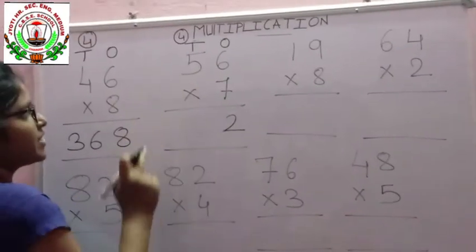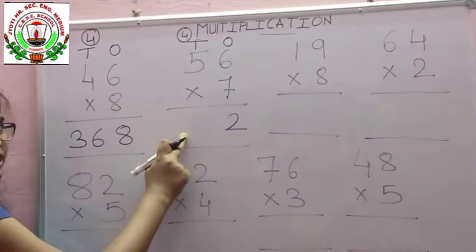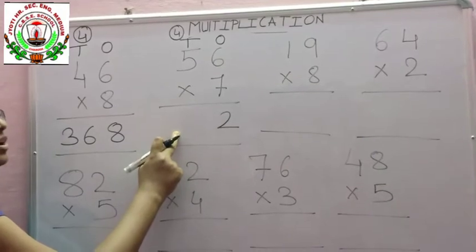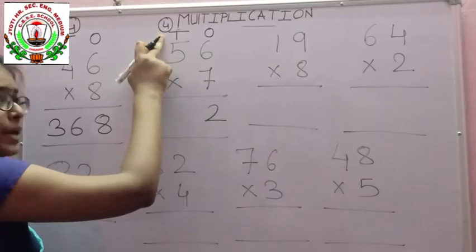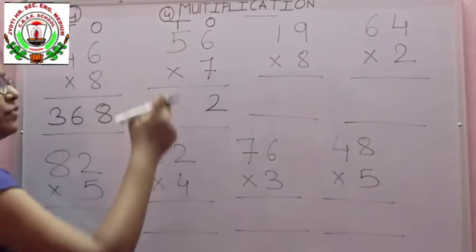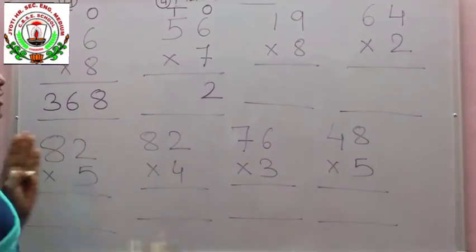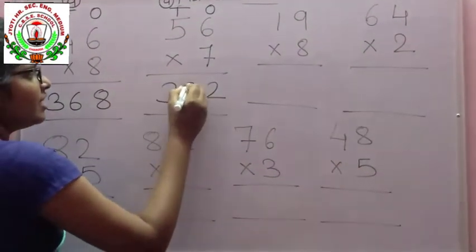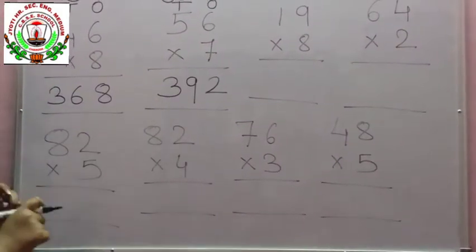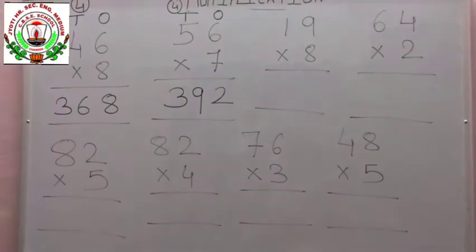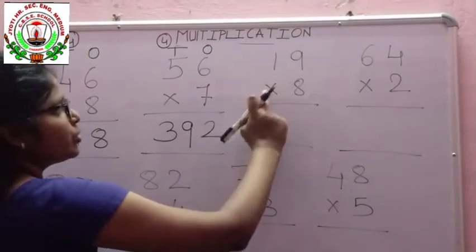Now 7 fives. 7 fives are 35. So 35 plus 4: 35, 36, 37, 38, 39. So we write 39 here. 56 into 7, the answer is 392. Understand, students?